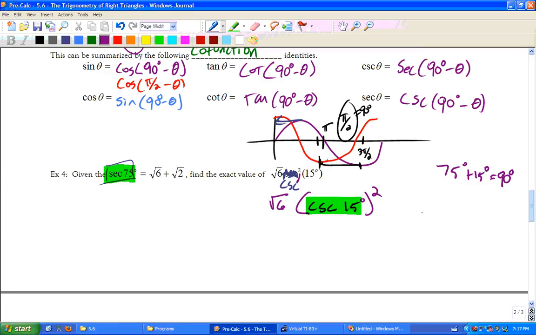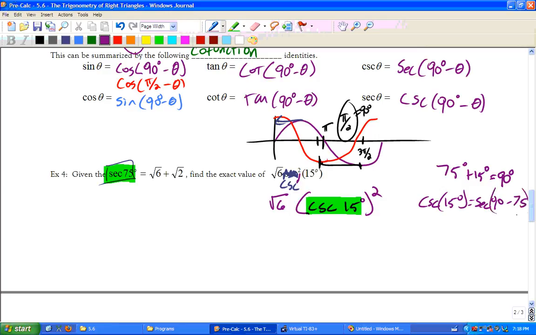What this means is that we can say the cosecant of 15 degrees equals the secant of 90 minus 75. That was poorly written. Let me write that over here, a little more legible. Again, the cosecant of 15 degrees will equal the secant of 90 minus, excuse me, not 75, 15.